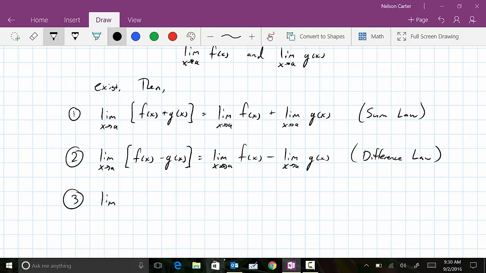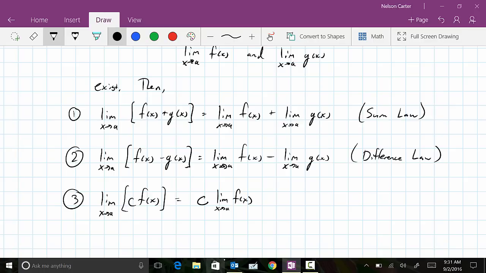The next one says the limit as x approaches a of some constant times f of x. Okay, so it turns out if you have some constant times f of x, then what you could do is pull that constant out and just focus on what the limit as x approaches a of f of x is.